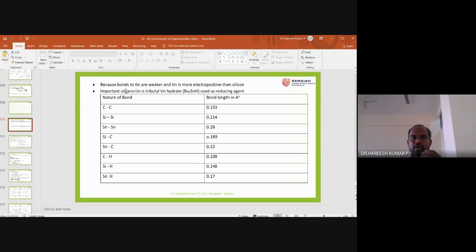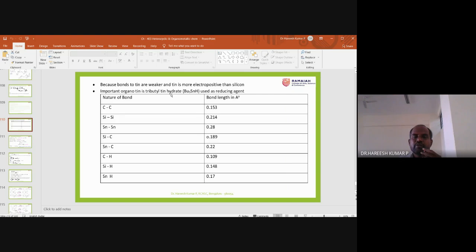So look here. Because the bonds are weaker and it's more electropositive than silicon. The important organotin is tributyl tin hydride. In short form, it is called TBTH.